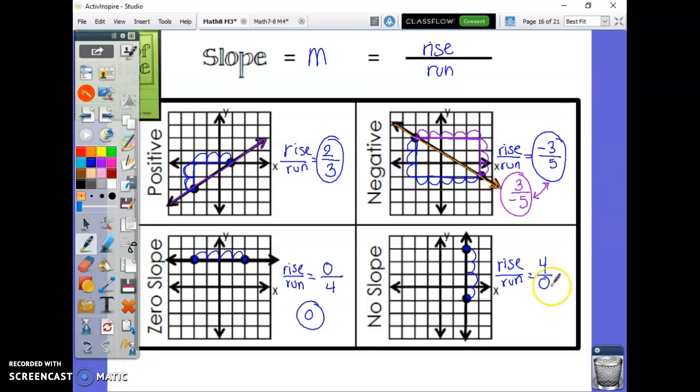Remember, we can't have a denominator of 0. Whenever you have a denominator of 0, your slope is undefined, or has no slope. There you go.